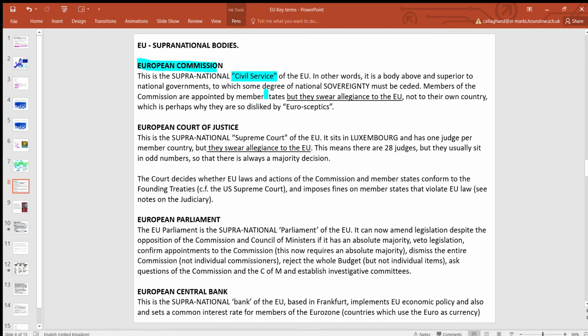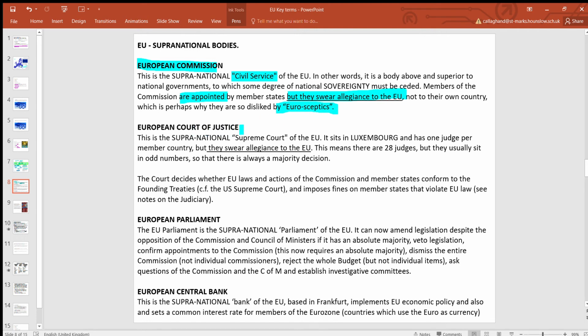Members of the Commission are appointed by member states. So we don't get to elect these people, but they are appointed by people who we have elected, such as the Prime Minister. But once they're appointed, they swear allegiance to the EU, not their own country. So they're meant to work to further the aims of the EU, not the country from which they were appointed, which is perhaps why they were so disliked by Eurosceptics in whatever country.